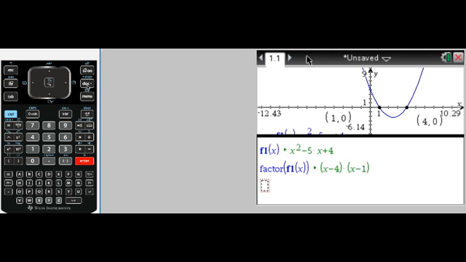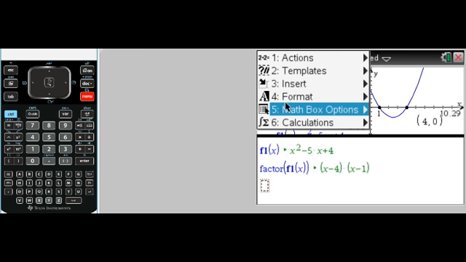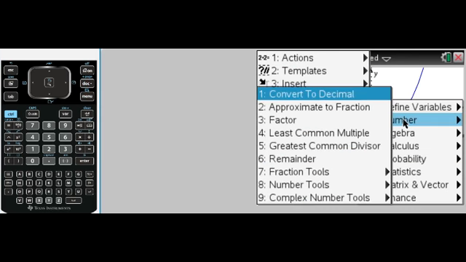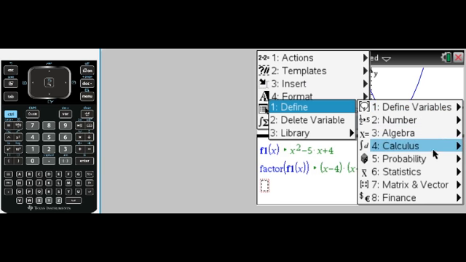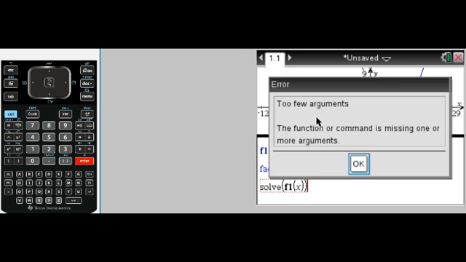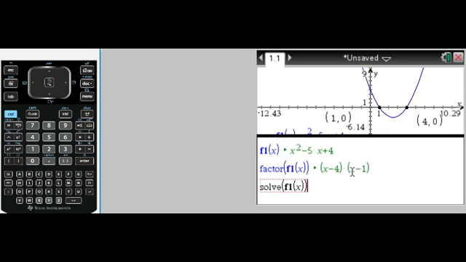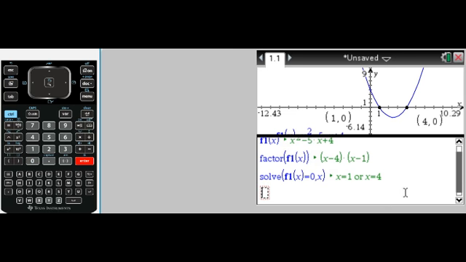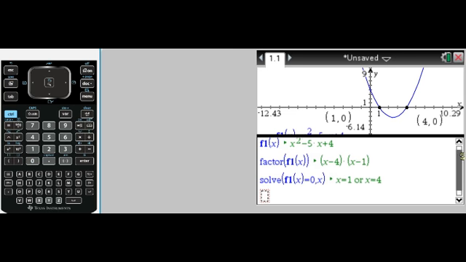And in addition to that, we can also put in algebra, solve F1 of x, and this will give us the, oops, not quite right, comma x, and oops, equals 0. So here we have solve F1 of x equals 0 for x, and there are the roots.